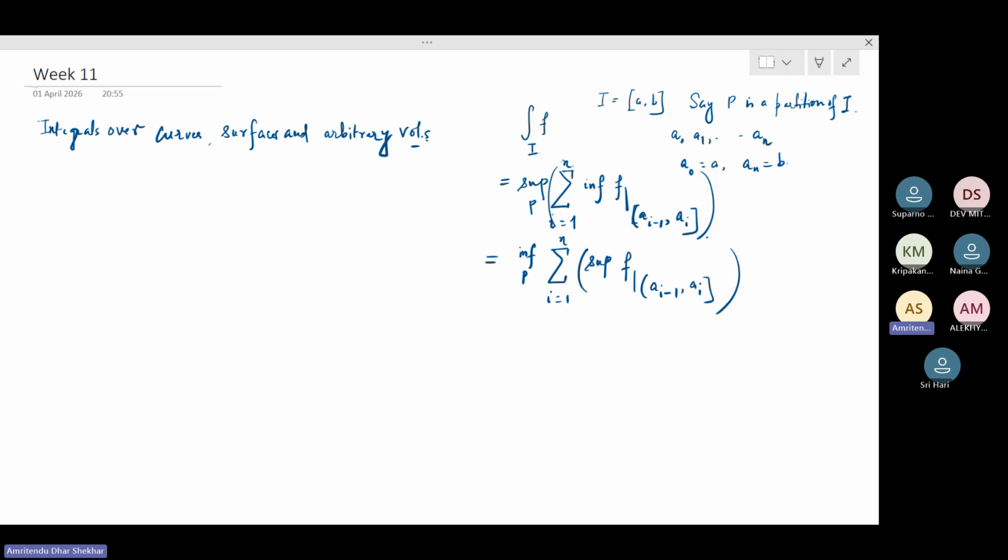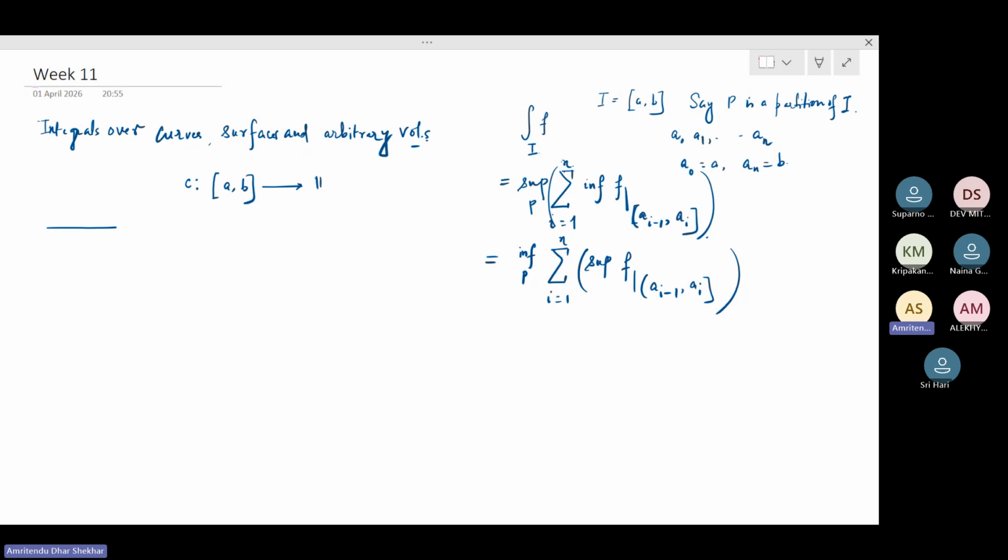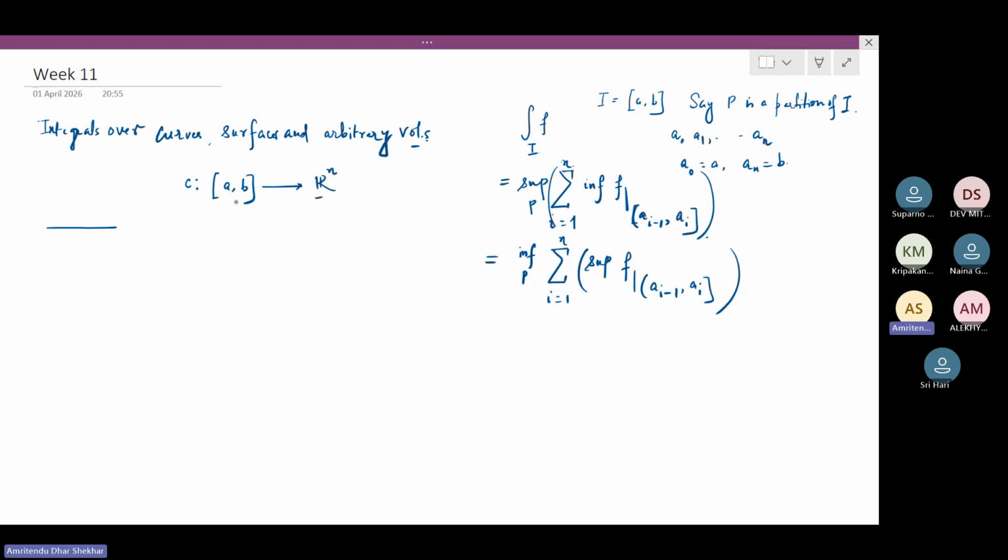So let me tell you what that means. So let's say you have a curve. What is a curve? A curve is essentially a mapping. You can think of it as a mapping of some interval into some R^n. So C is my curve.